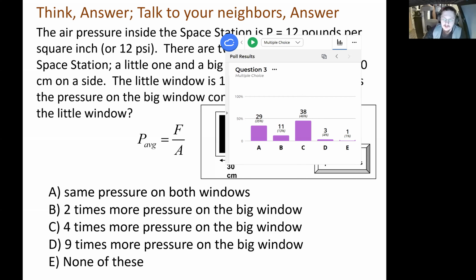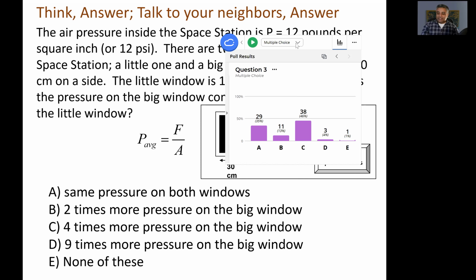I have a force divided by an area, and that gives us the average pressure. And the average pressure in the space station is 12 pounds per square inch. So we already know the end product of the formula. We know that it's 12 pounds per square inch because that's the average pressure.